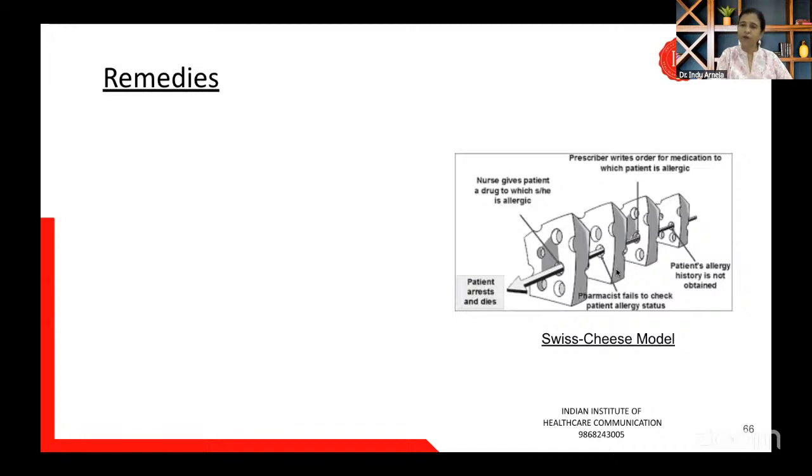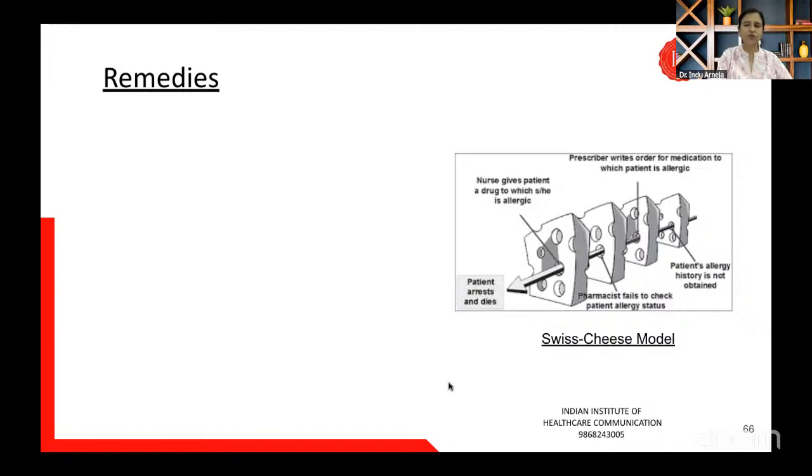Then the pharmacist also failed to check the patient's allergy status and dispensed the medicine. The nurse gave the medicine to the patient without checking whether the patient is allergic to it. And unfortunately, the patient arrests and dies. So there were 4 checkpoints, and when all 4 checkpoints were missed or skipped, the error happened.